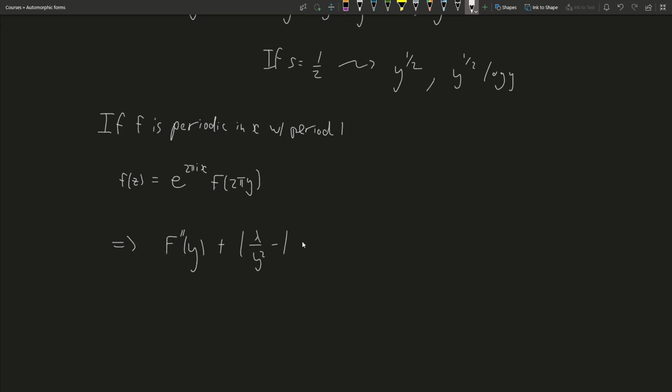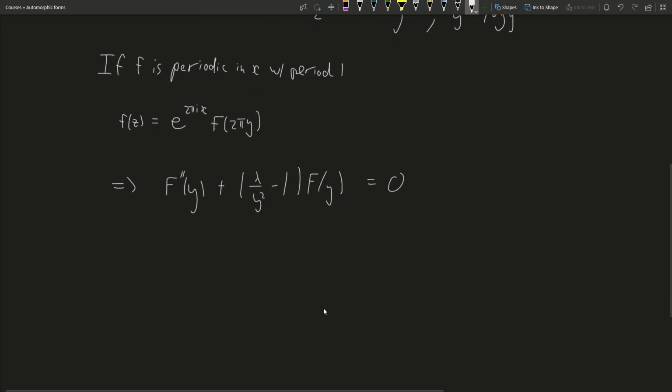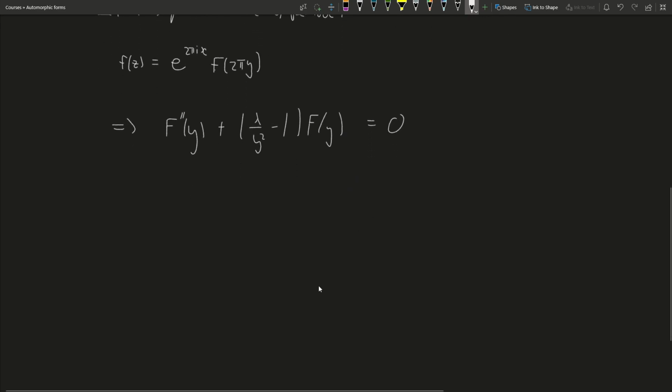And this doesn't have solutions that are expressible in terms of elementary functions, the functions that come up in a first course in calculus, for example.